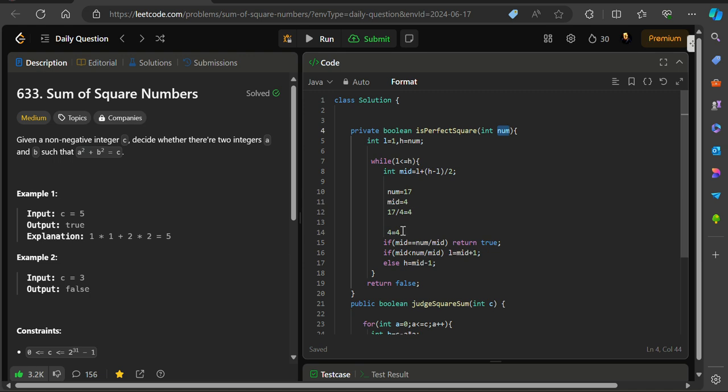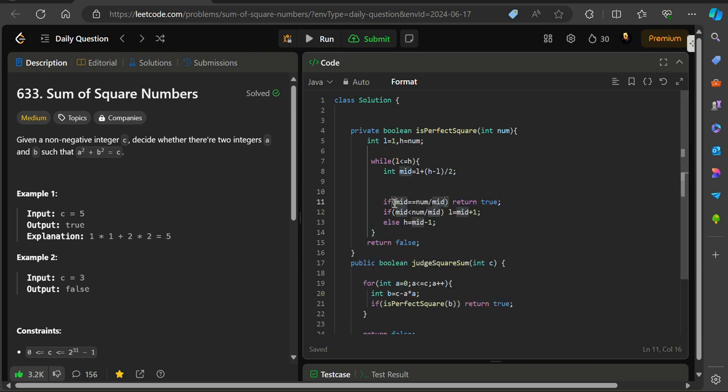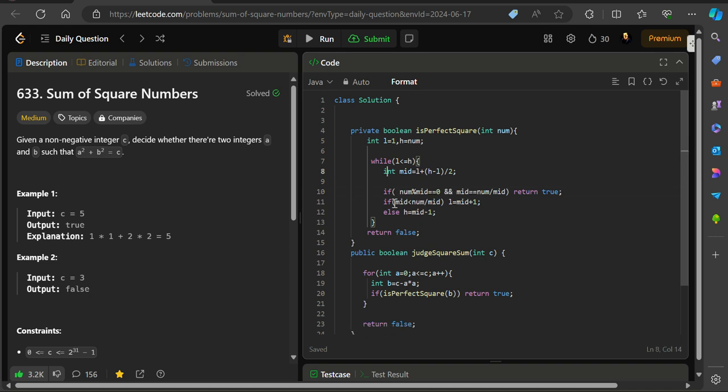Since integer division returns a floor value, it returns 4. So what to do? Let's add a guard clause, that is num mod mid equals 0. This is very important, very crucial. You have to add this.